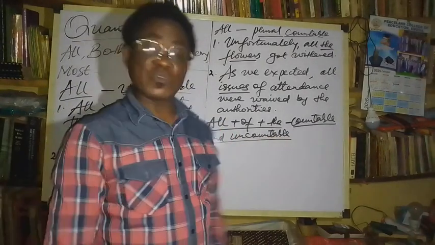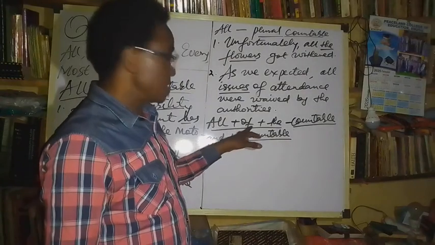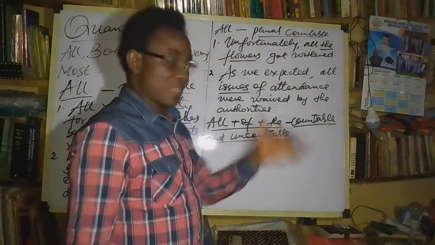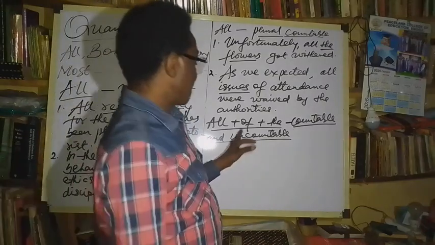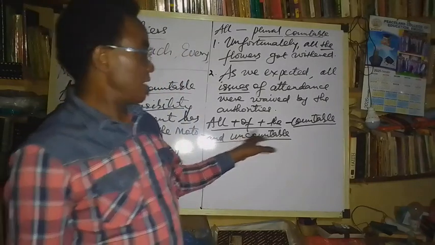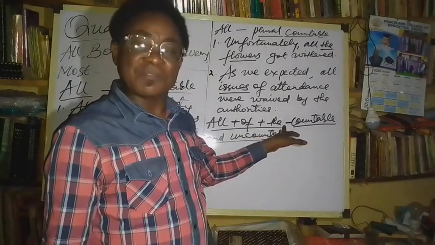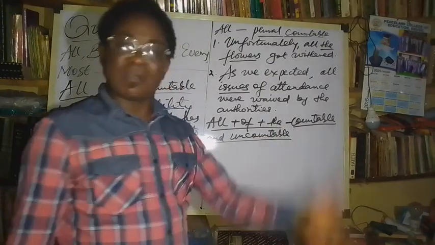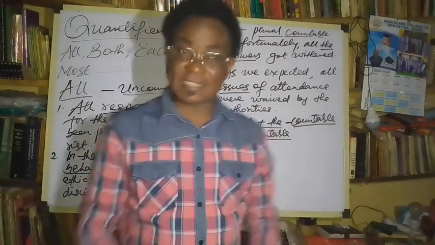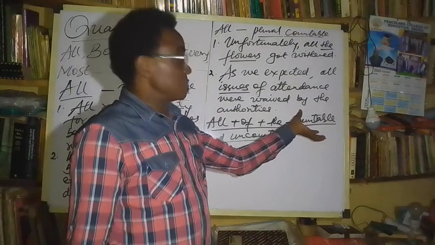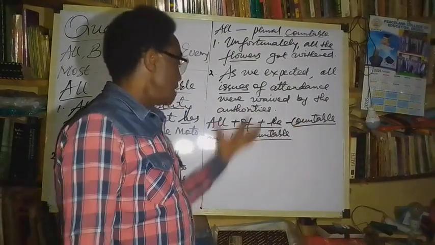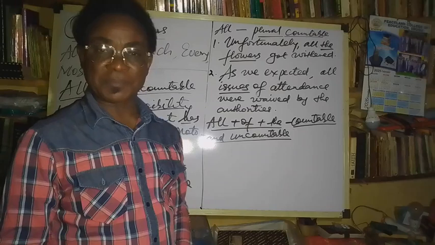All can also be used as all plus of plus the. That is all followed by the preposition of and the article the. So we now say all of the. And when this is the case, the noun that comes could be countable or uncountable.